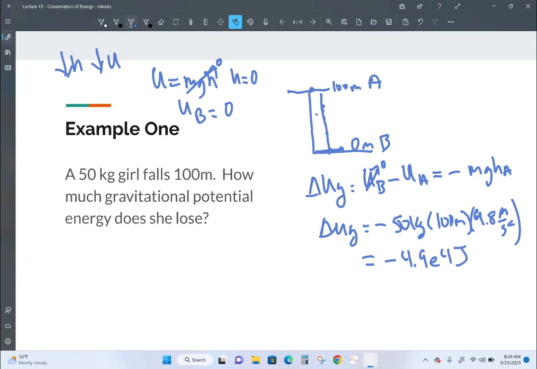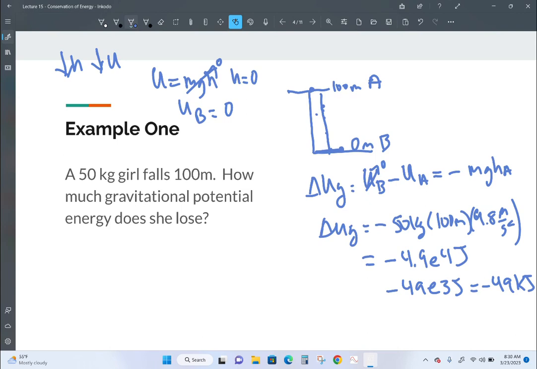If I make this kilojoules, that would be negative 49 e to the 3 joules, or negative 49 kilojoules. So we're losing that much potential energy.